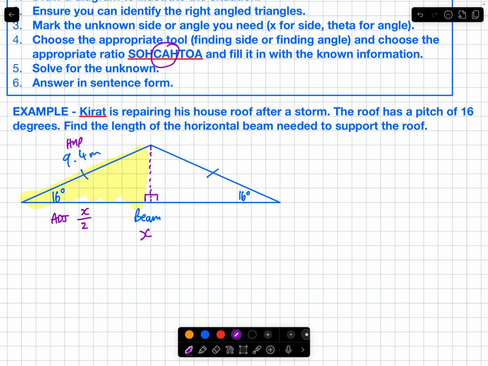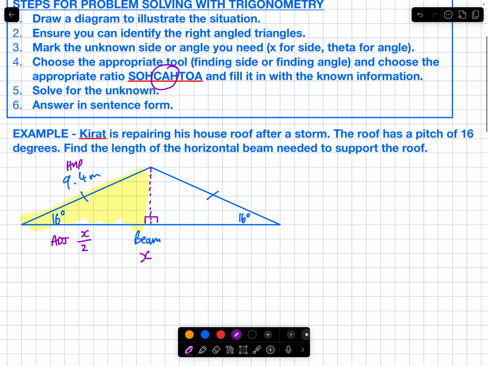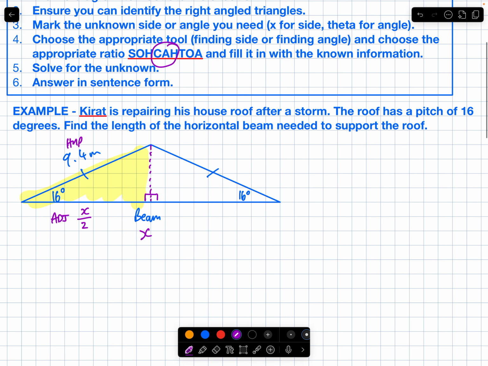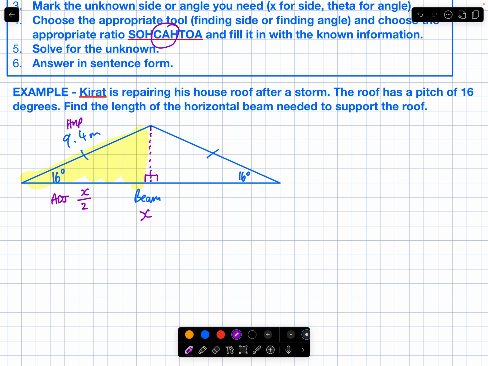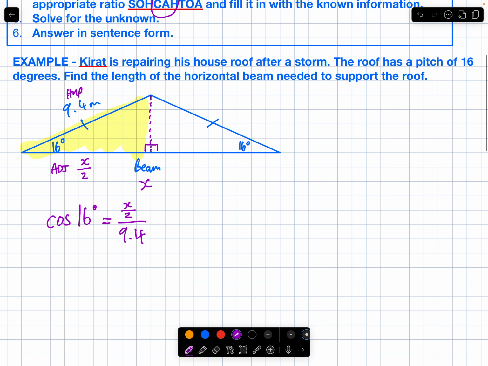SOHCAHTOA, so cosine has adjacent over hypotenuse. So let's choose the appropriate ratio, CAH, and fill it in with the known information. Cosine theta, which is 16 degrees, is equal to adjacent over hypotenuse. Adjacent is x on 2, and that's divided by the hypotenuse, which is 9.4. I want x on 2 without dividing by 9.4.